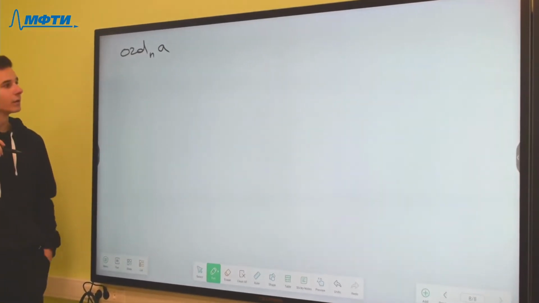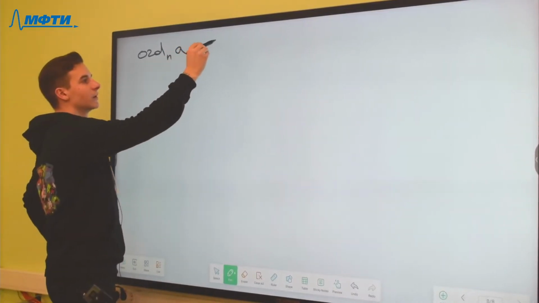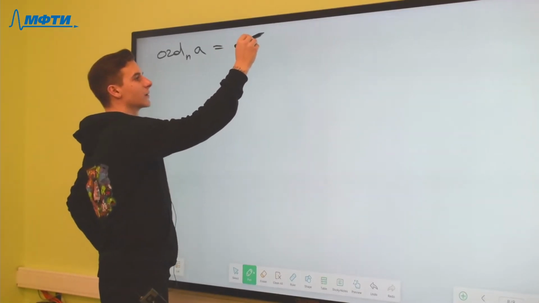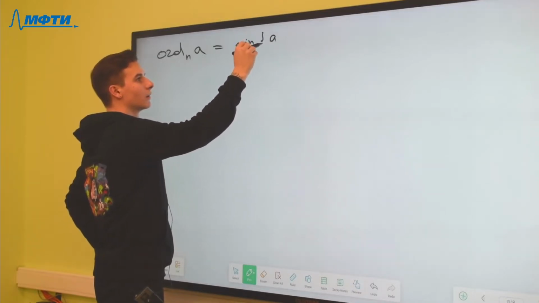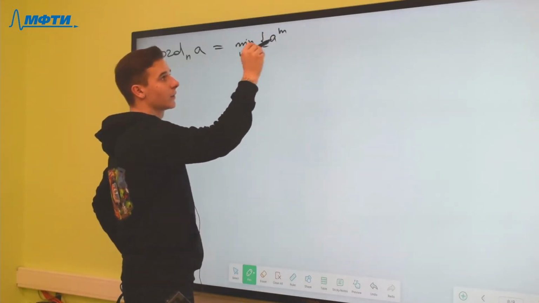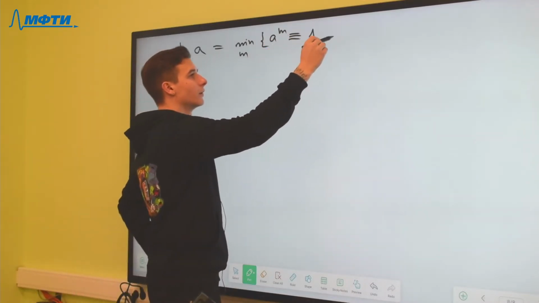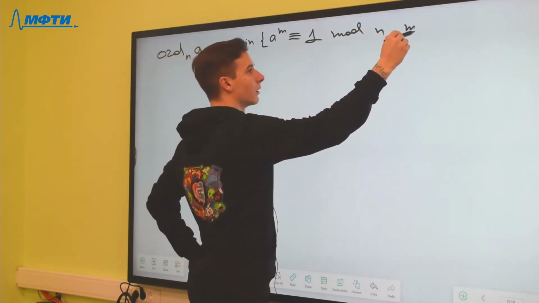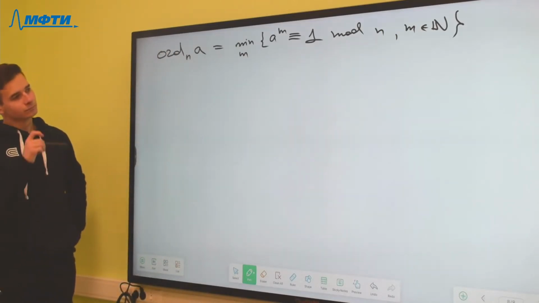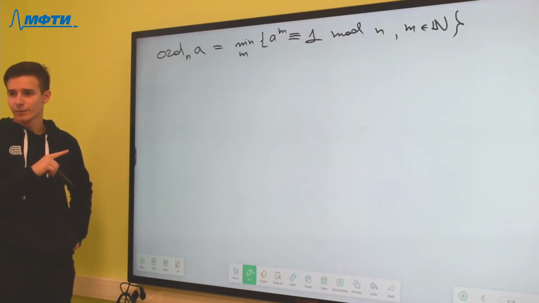Order of the element a modulo n is the minimal m such that a to the power m is equal to 1 modulo n. You didn't face with it. Okay.